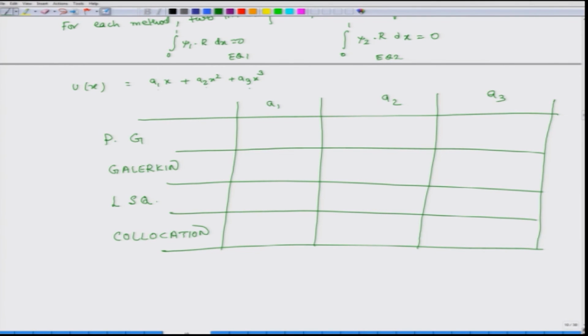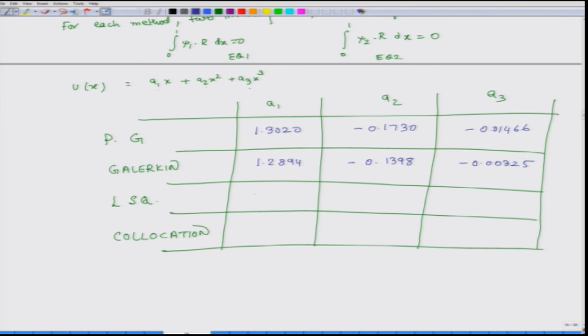So, this number is 1.3020, minus 0.1730, minus 0.1466. For Galerkin, I see 1.2894, minus 0.1398, minus 0.00325.